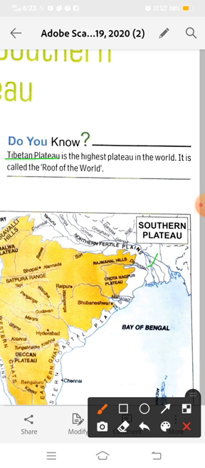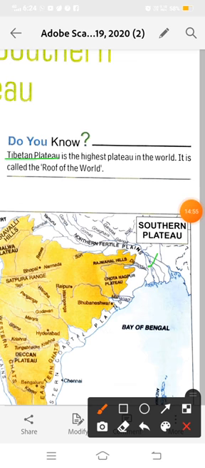It is in Central Asia and stretches through the countries of Tibet, China and India and occupies an area of 2.5 million square kilometers at a height of over 5 kilometers.